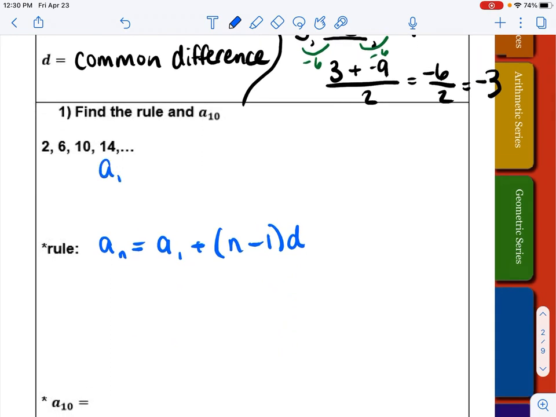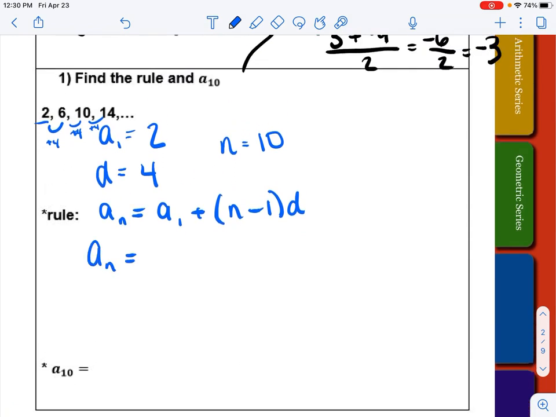Then I'm going to label what a sub 1 is, what d is, and what n will be eventually. Because for the rule, I want to leave n in my equation so I can solve for anything, okay? So a sub 1 is 2. We start with 2. Our difference here is plus 4, and plus 4. Okay, so our difference is 4. N will eventually be 10, but we won't use that until down below, okay?